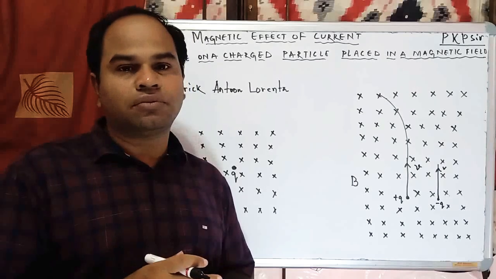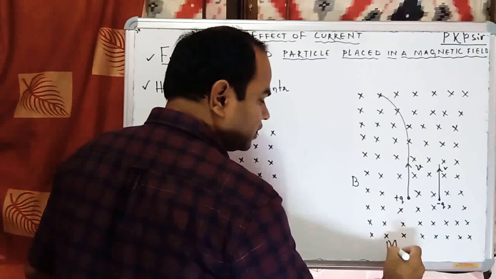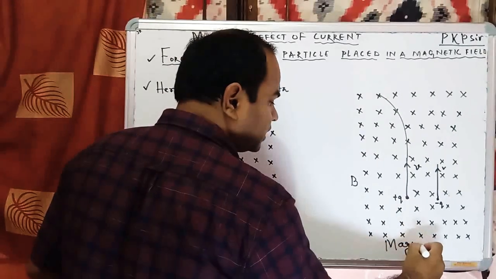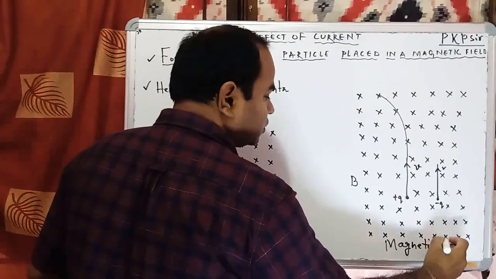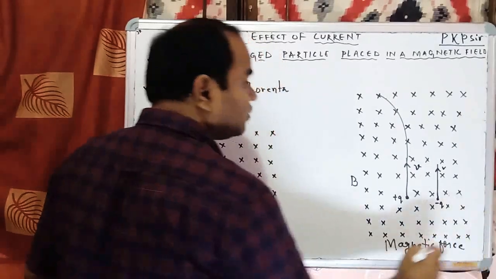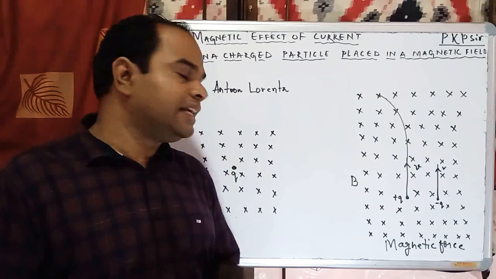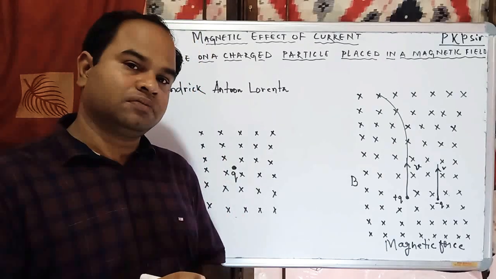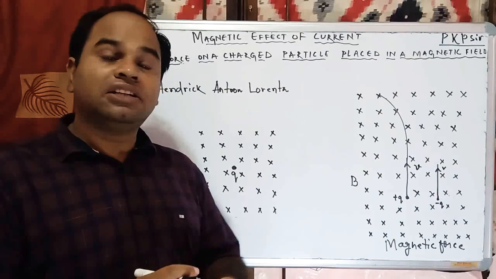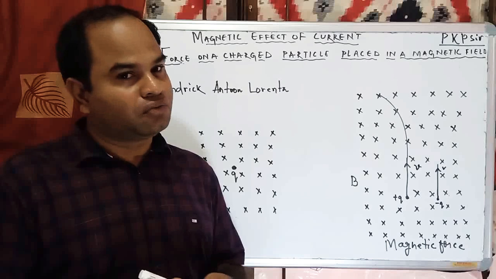We call this force magnetic force. Again, whenever a positive charged particle is allowed to move with velocity in a uniform magnetic field, it experiences a deflection, and this deflection must be due to some force. We call this force magnetic force.